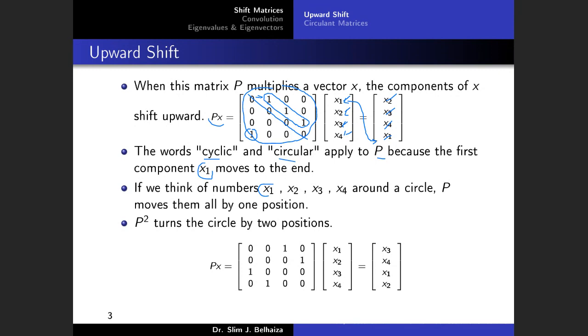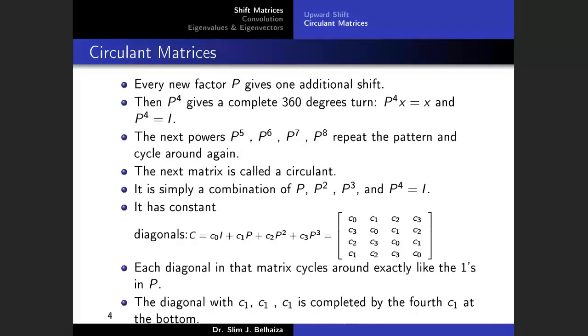And we computed the P squared matrix, which shifts every element of x by two positions. Now we talked also about circulant matrices. Every new factor P gives one additional shift. But if you raise P to the power 4, you have a complete 360 degree turn.